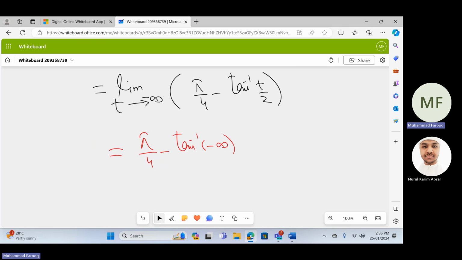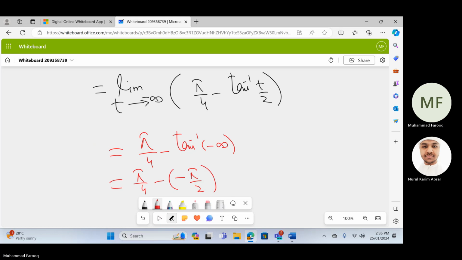Okay. Do you know what is tan inverse of negative infinity? It is negative pi/2. Because tangent of pi/2 is infinity, and tangent of negative pi/2 is negative infinity.